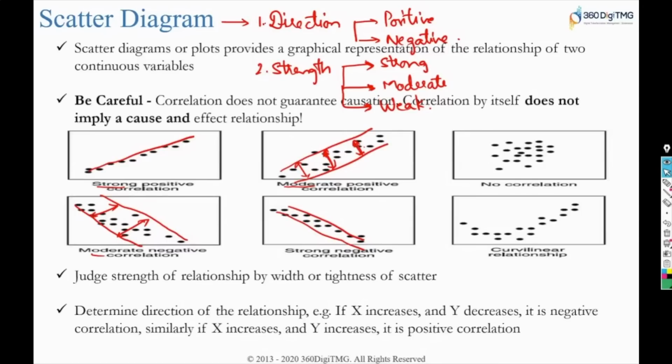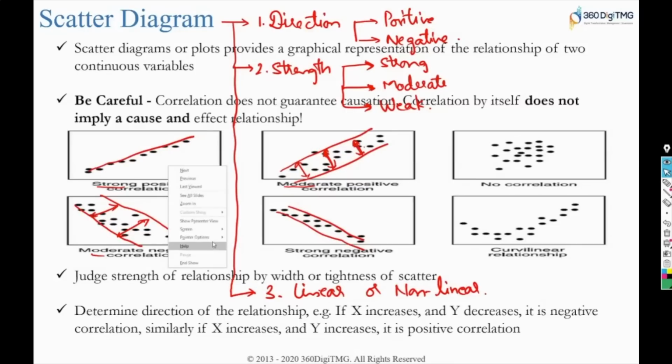So scatter plot will help you understand the direction. It will also help you understand the strength. The third thing is, it will also help you understand whether the relationship is linear or non-linear. Linear means a straight line.